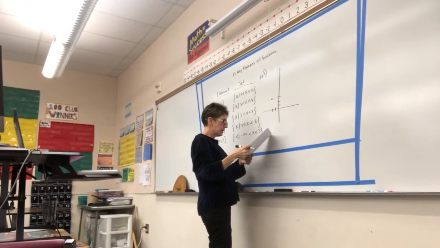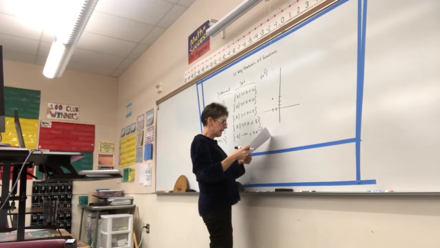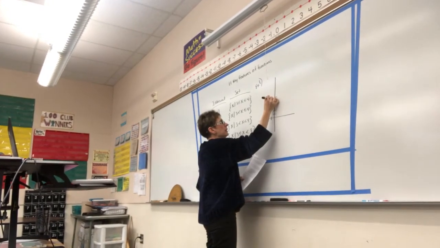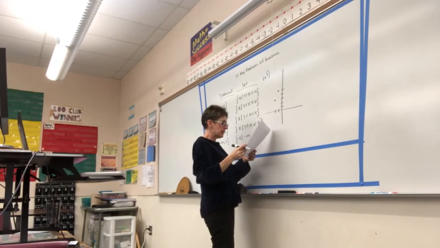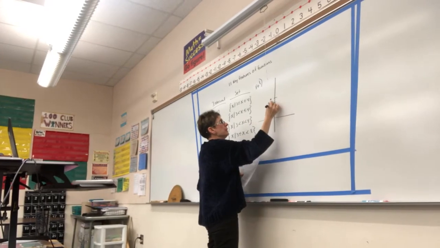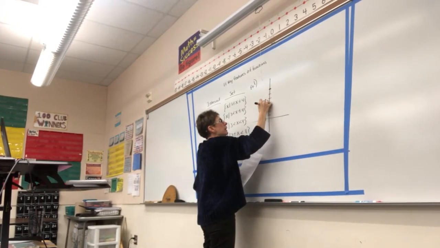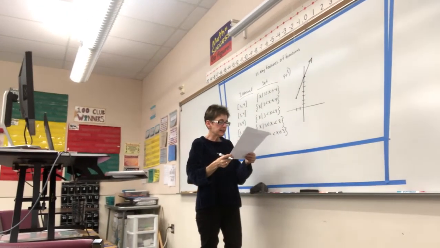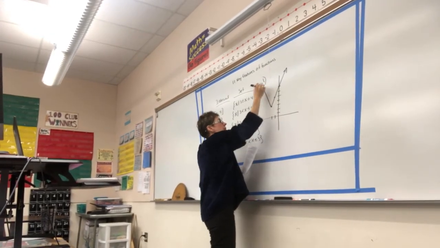And then I'm going to go through the point -1, 5, as well as the point 0 and then 7. So that would be the right-hand side of my graph, and then I would do the symmetrical branch on the left.